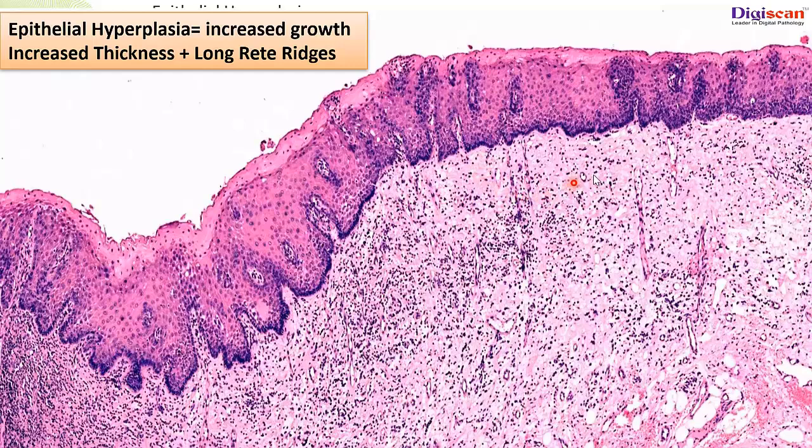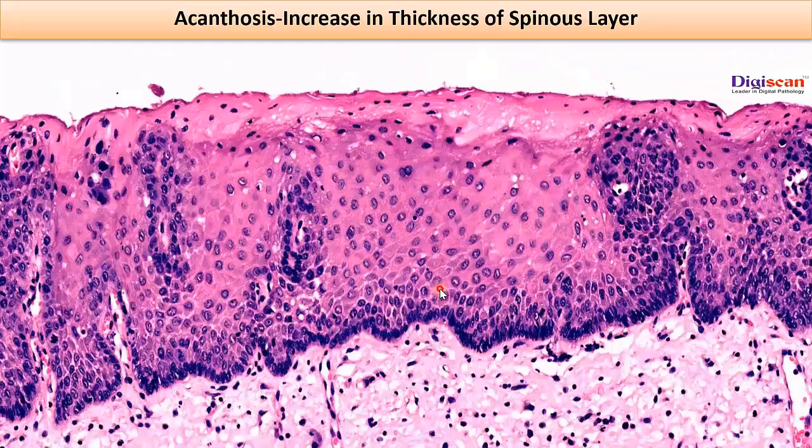This is subepithelial mesenchyme which is infiltrated by lymphocytes. Another term you will be coming across is acanthosis, which is increase in thickness of the spinous layer. Many people take the terms acanthosis and epithelial hyperplasia as synonyms.